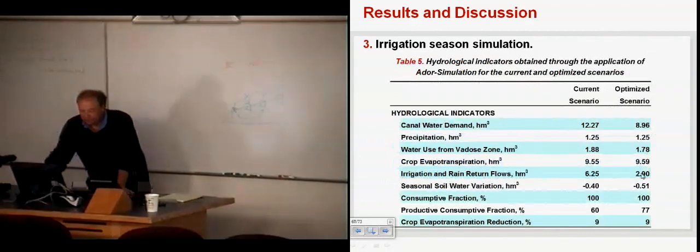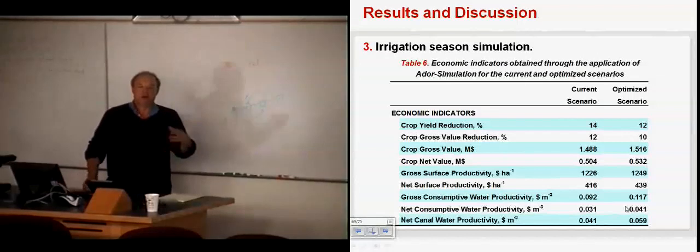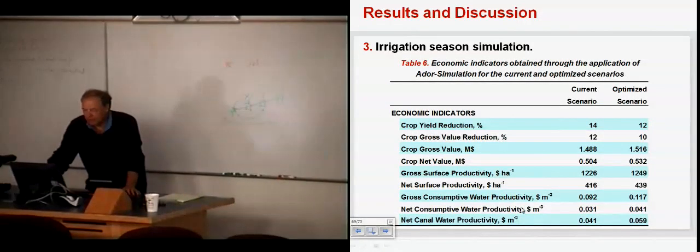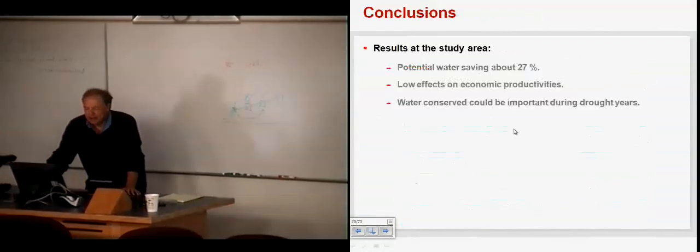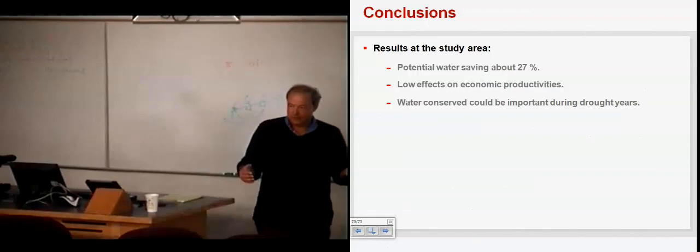Which opens another whole can of worms if you start talking about improving efficiency. So keep that in mind because we're going to bring this up later. Okay, so again, very similar surface irrigation and water, very similar to what we saw on PVID.